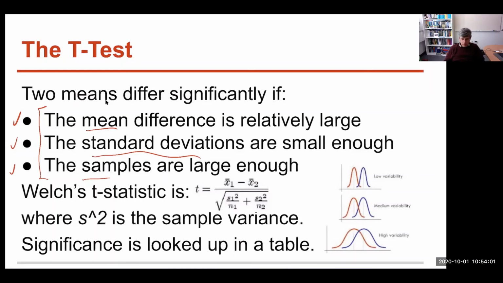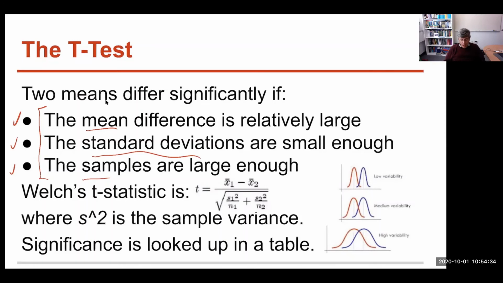Suppose we have a number and we're dividing it by something. If the standard deviations become small, let's say the standard deviations were 0, then we are dividing it by 0. Dividing it by something small makes the number larger. Does everybody see that? So as you lower the standard deviations, the t-statistic gets bigger.